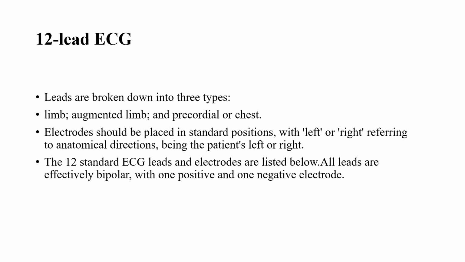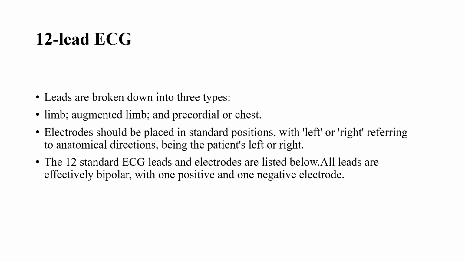Leads are broken down into three types. First one is limb. Limbs are the leg or hand. Next one is augmented limb. Augmented limb consists of three augmented limb leads: AVR, AVL and AVF.